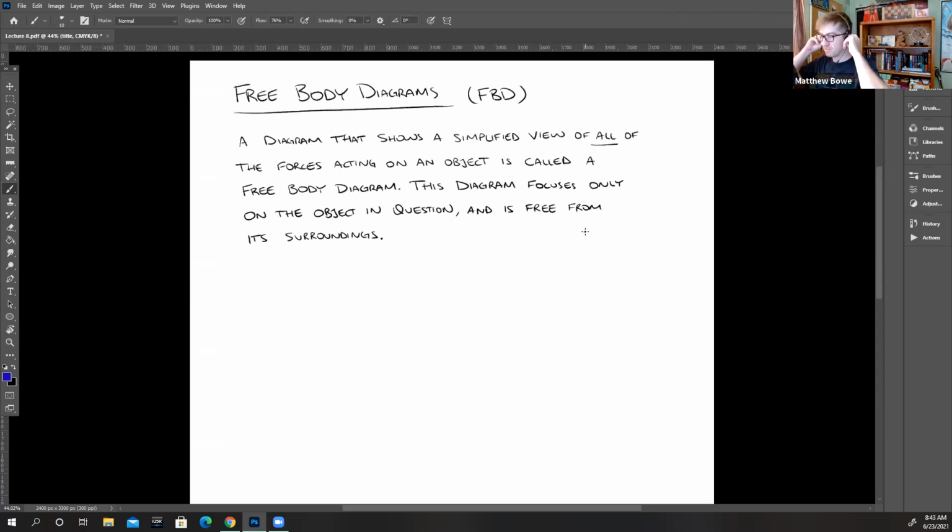A free body diagram is a very simplified diagram that shows all of the forces acting on an object. This diagram focuses on a specific area, and it is free from its surroundings. In the book, they give an example of a dog sled. So let me put in this dog sled.